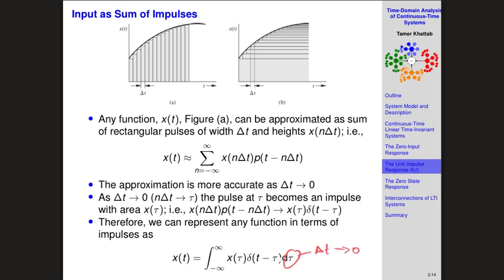So in order for that to appear, I need to do the following: just multiply this by delta t and then divide by it again here. Did I change anything here? No, I multiplied by something and divided by it. But I need to keep this, so it will become the d tau. And notice here what happens to this pulse.